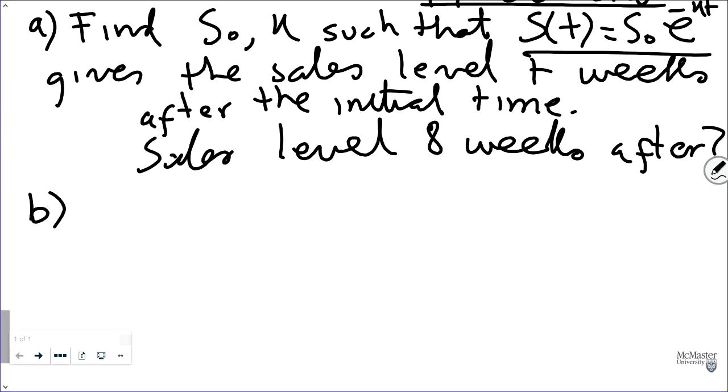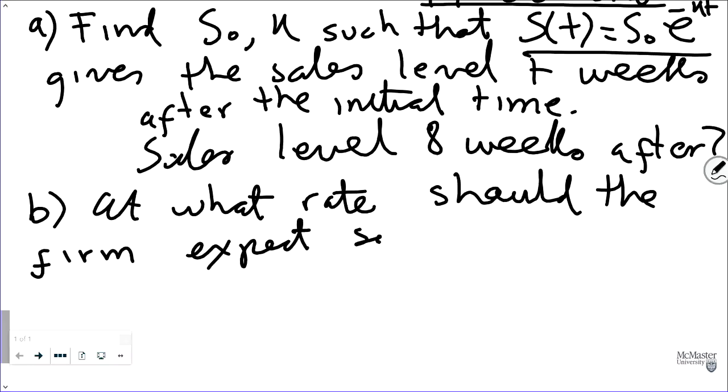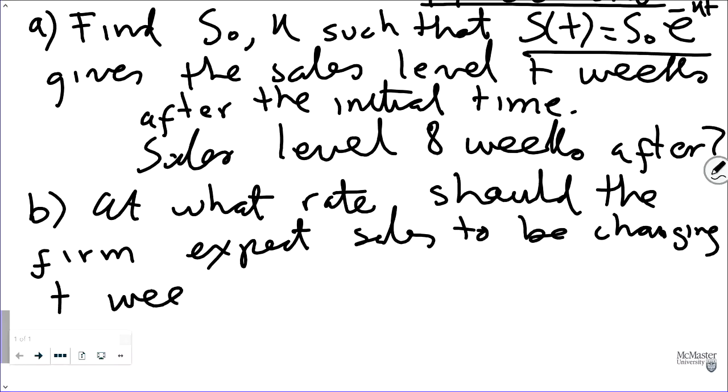So the second indication is: at what rate should the firm expect sales to be changing t weeks after?